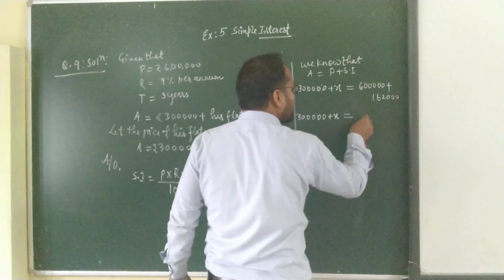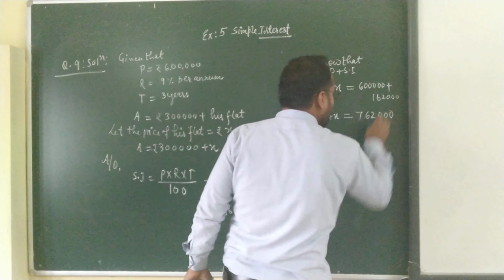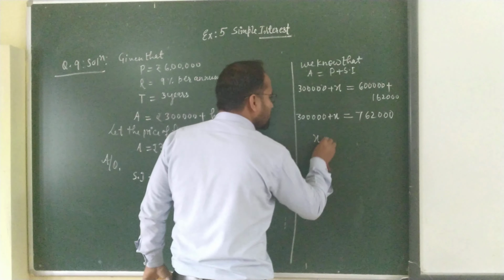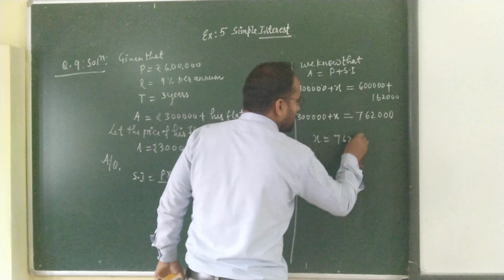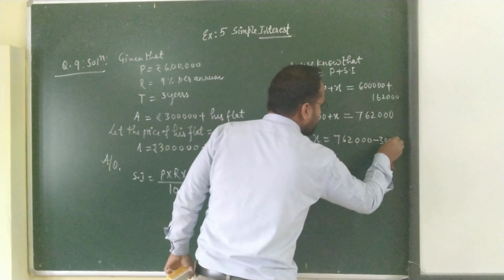plus X is equal to, if you add this, 7,62,000. Now you will transfer this 3 lakh to the right side, and X is equal to 7,62,000 minus 3 lakh.